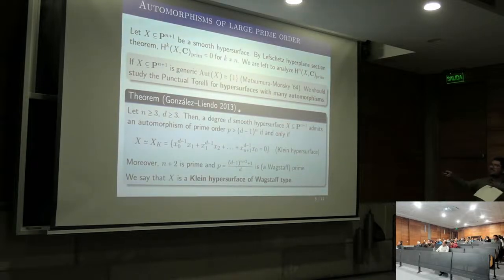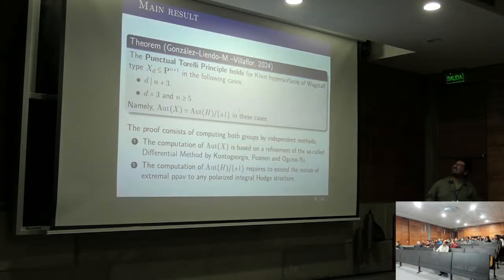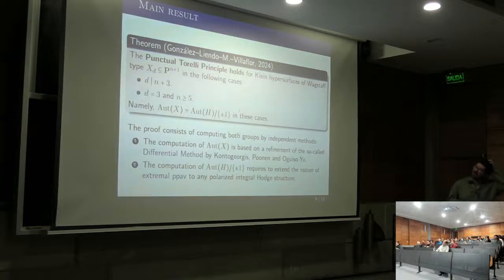Okay, so to summarize, you want to try to get counterexamples of the Torelli theorem, or Torelli principle to be more precise, and you try to look at really symmetric hypersurfaces. So this is the main theorem of the talk: we managed to prove this in the following cases.